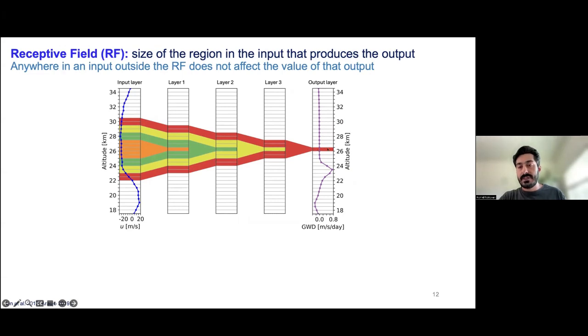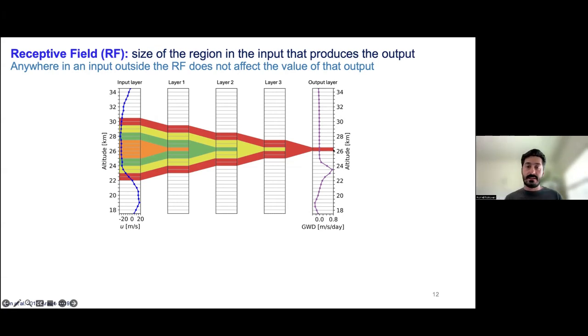And then this output in the output layer can see 17 levels from the input. But it is important to note that it cannot see anywhere outside of the receptive field. So for example, if we change the zonal wind profile down here, it won't affect the output at the gravity wave drag at the 26 kilometer level.